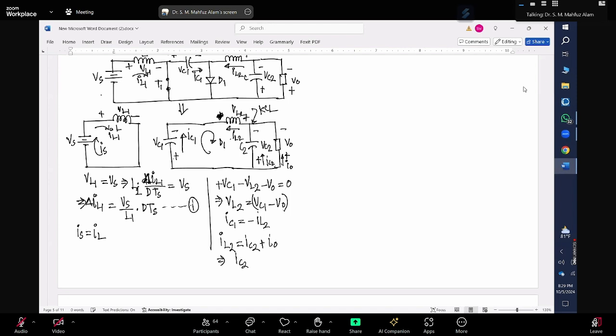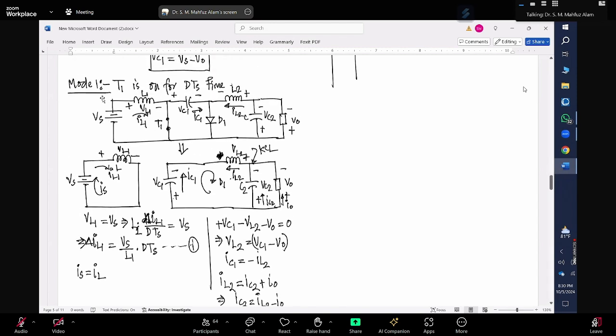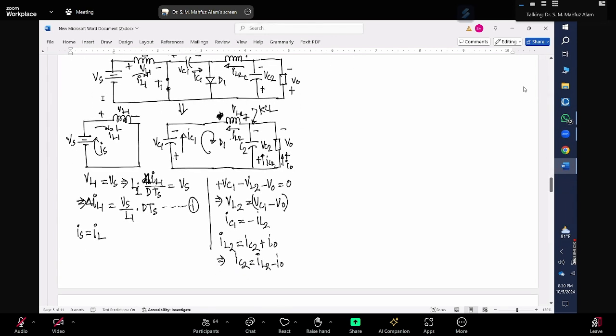Or we can write IC2 should be equal to IL2 minus I0. This is my relationship for the inductor current and the inductor voltage for two inductors, right?